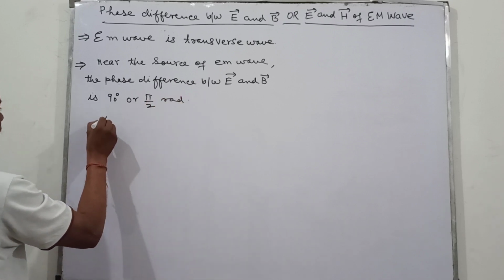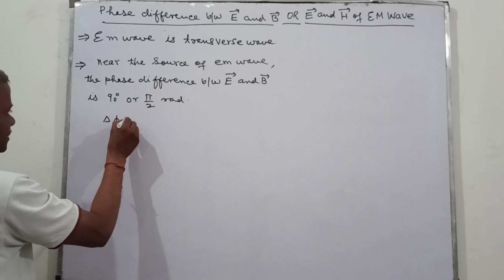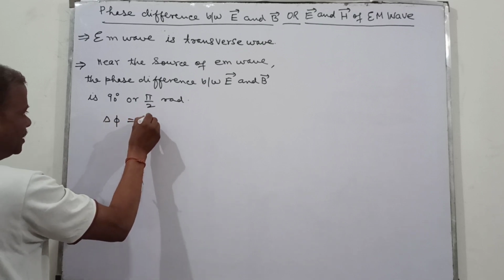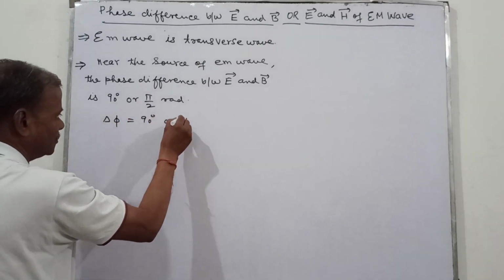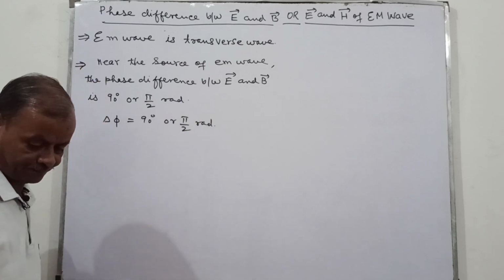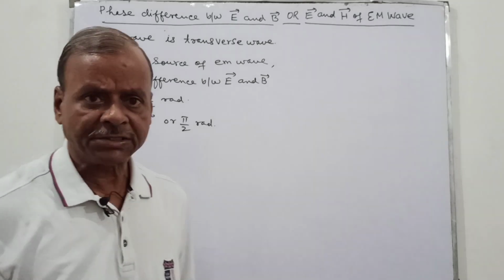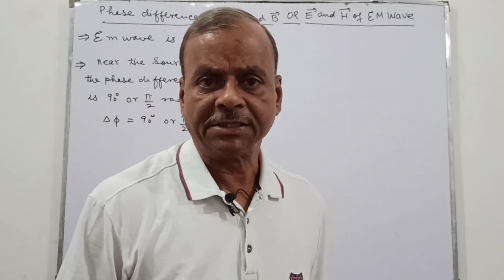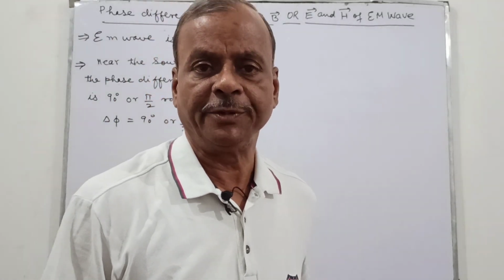It means that this phase difference delta phi is equal to 90 degree or pi by 2 radian. This is just at the source of the EM wave.